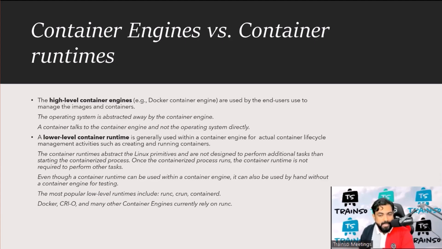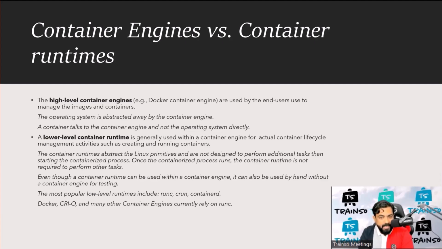So a lower level container runtime is generally used within a container engine for actual container lifecycle management activities, such as creating and running containers. The container runtimes abstract the Linux primitives and are not designed to perform additional tasks other than starting the containerized process. Once the containerized process runs, the container runtime is not required to perform additional tasks.